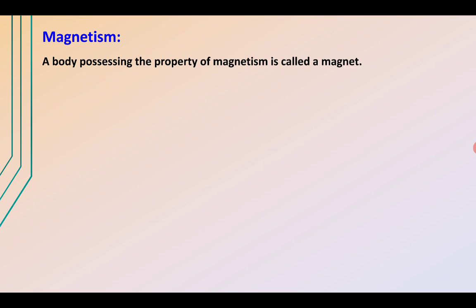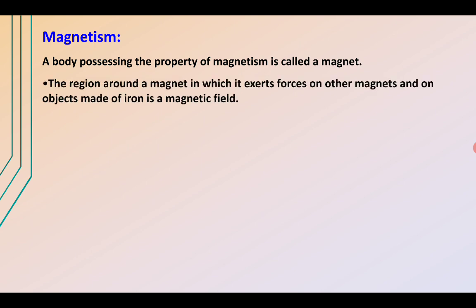A body possessing the phenomenon of attracting magnetic substances has a magnetic pole, which is a point near the end of the magnet, and the magnetism is concentrated at that particular point.